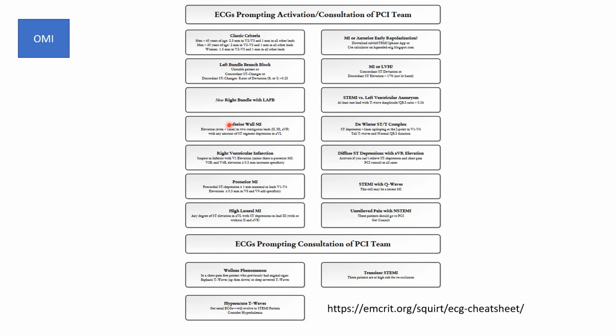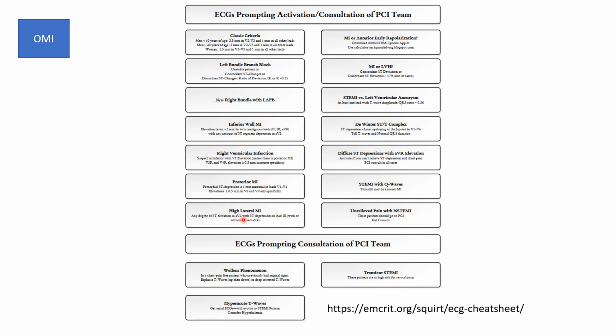You have your inferior wall STEMI and your RCA STEMI. These are usually low voltage and don't live up to the STEMI criteria of 1 millimeter, but they have reciprocals that tell you otherwise. Your posterior STEMI is a STEMI equivalent that has long been recognized, with ST depression in V2 to V4.